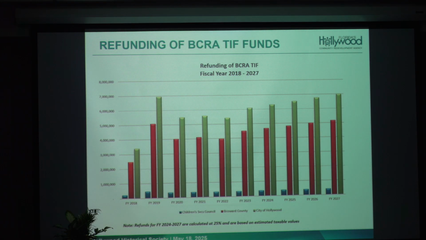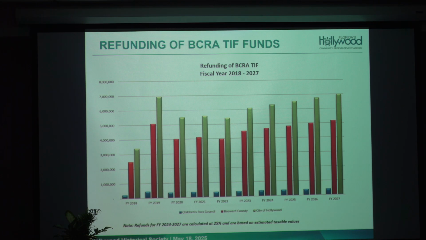So just to give a little snapshot of what we're looking at: a return to the city of about $6.5 million to $7 million, based on this graph, that goes back to the city.